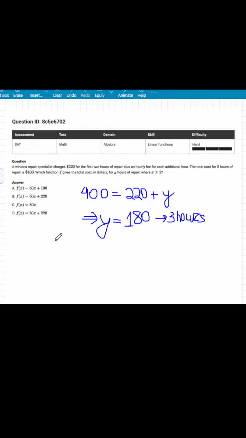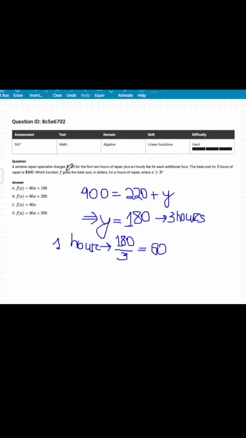So for 1 hour the cost of repair is 180 divided by 3, that is $60. This is the hourly fee after the first 2 hours.